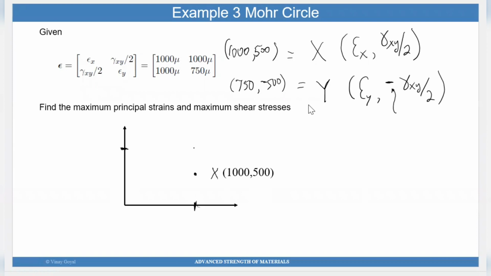All right, so now we have to find Y, which is 750 and has coordinates of minus 500. Minus 500 is basically directly opposite, and 750, I'm going to say, is somewhere here. So that point is going to be somewhere here.